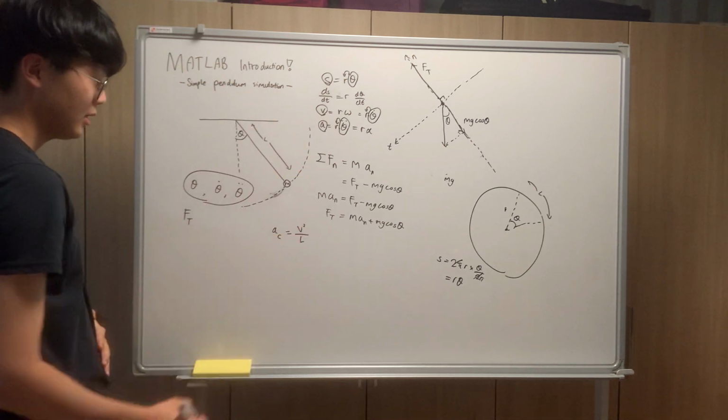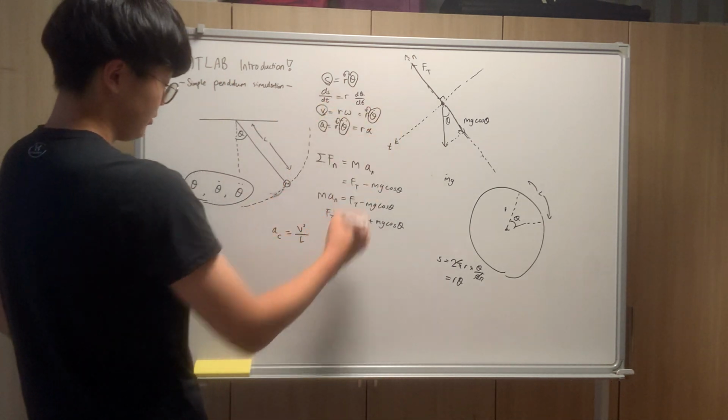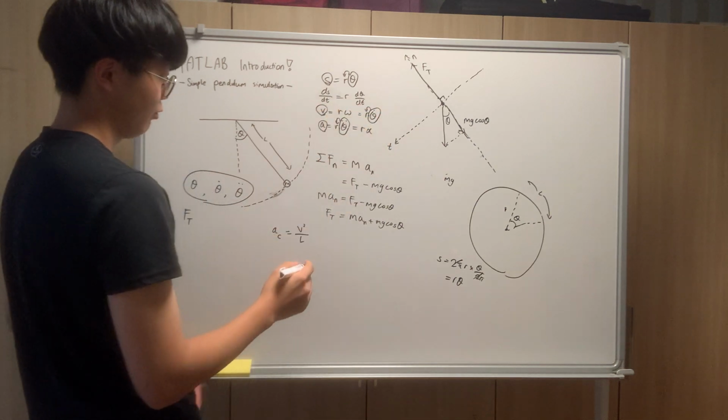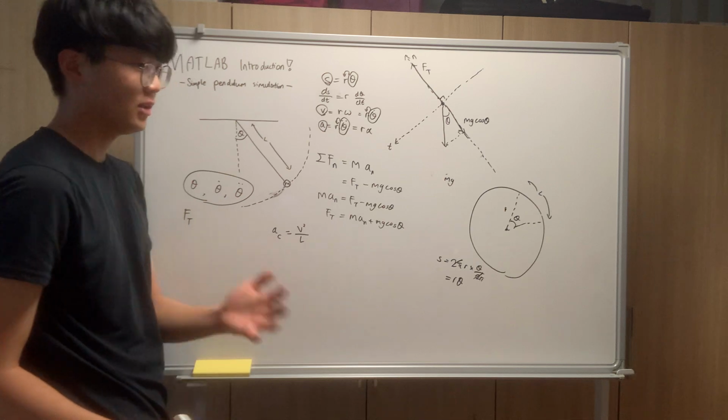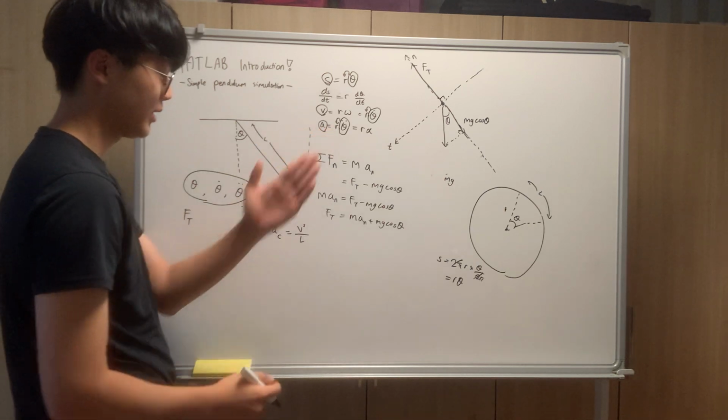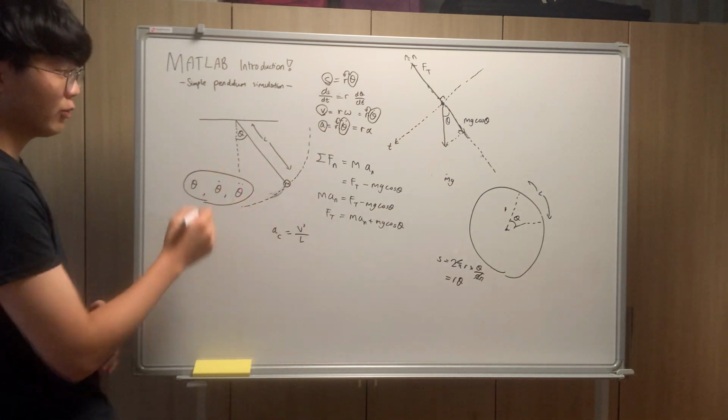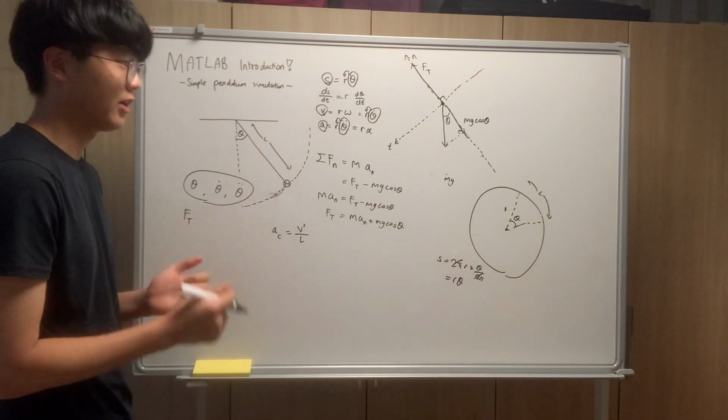And so here we have v, which is the linear quantity, equal to r times theta dot, which is the angular quantity, or omega. But here we're going to stick with theta because that's the variable we're dealing with.